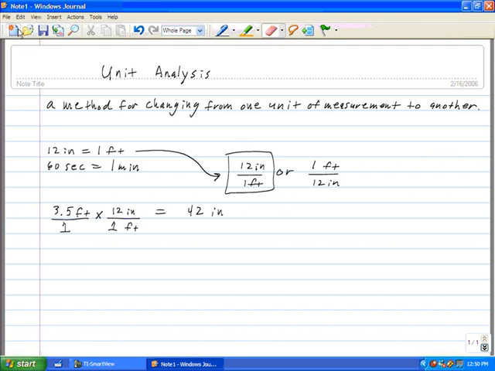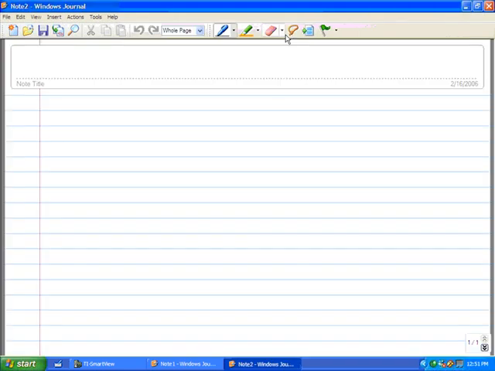Let's go with time units this time around. Let's take 3 days and convert that into seconds. And let's think about what equivalencies that we know that can be used here.